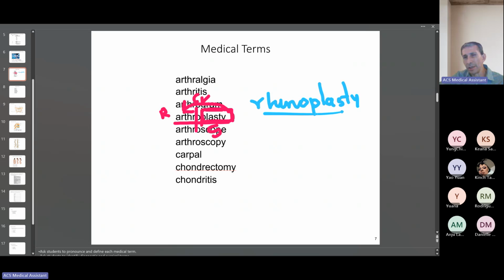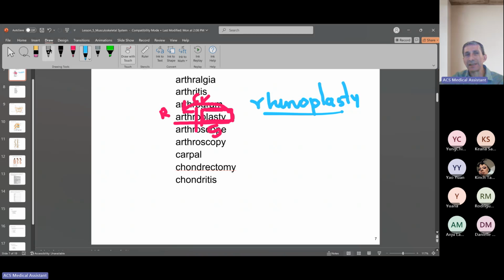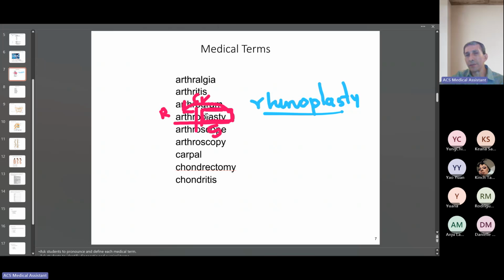So anything that we repair is called plasty. Anytime that you see plasty as a suffix, you know already that this is a surgical repair. Think about plastic surgery, because you see plasty at the end. So arthroplasty is surgical repair, surgical reconstruction of the joint.